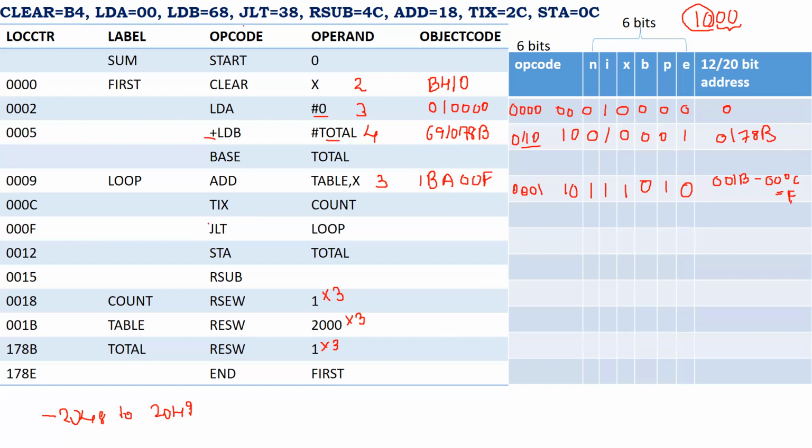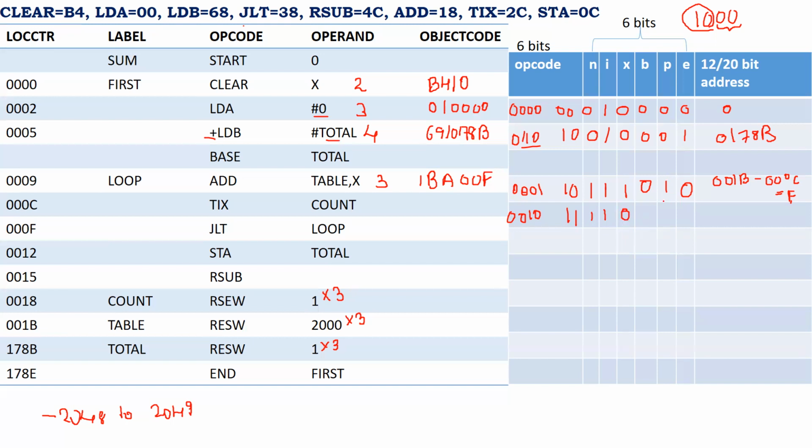Next instruction, TIX, the opcode is 2C. So 0010 is 2 and C is 1100. Now, it is neither indirect nor immediate, that's why both are set to 1, 1. It is not indexed, so X is set to 0.